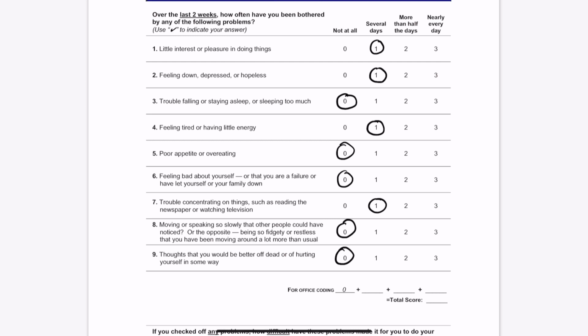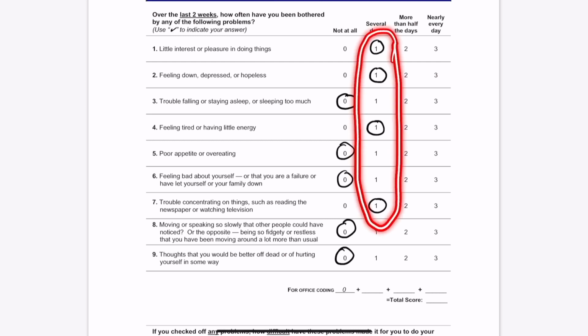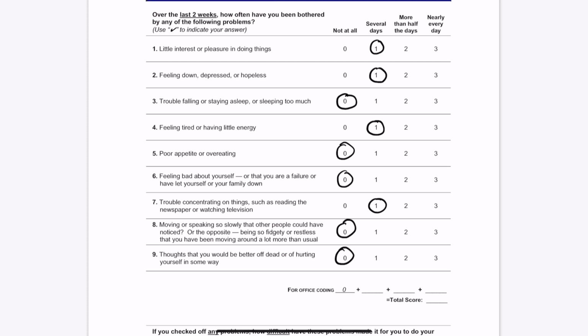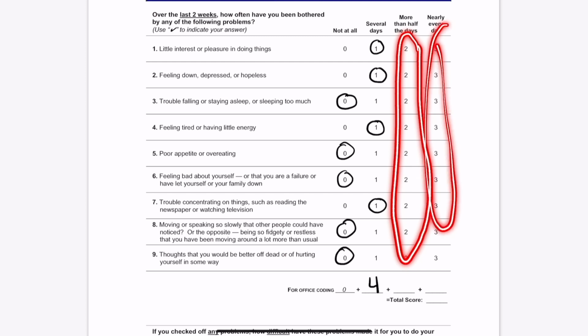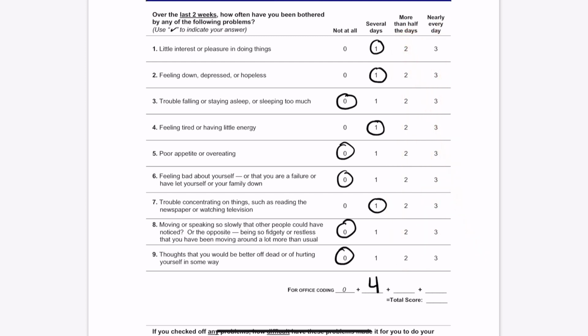In our second column, we have 4 ones, so we're going to total that to 4. And then no 2s or 3s were circled, so we can just put 0 for that. And so our patient's total score is a 4.